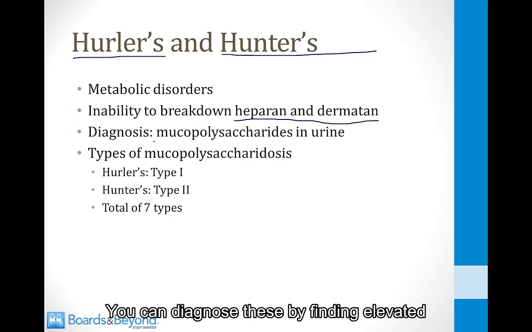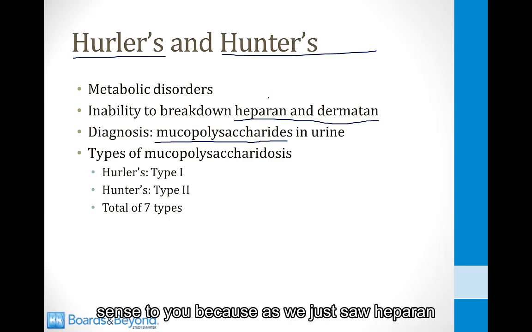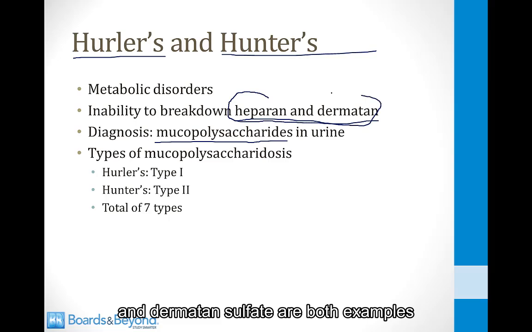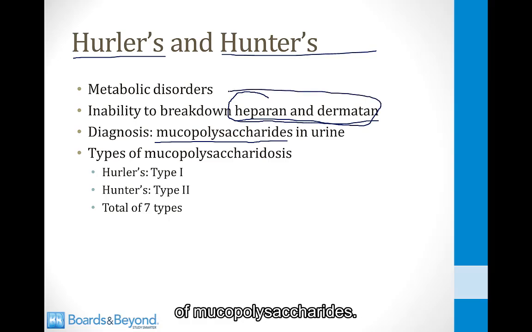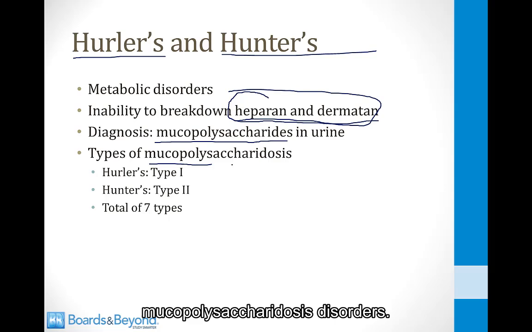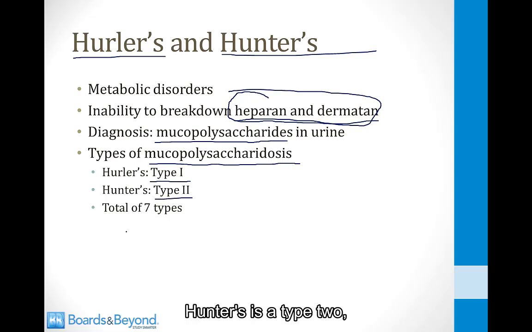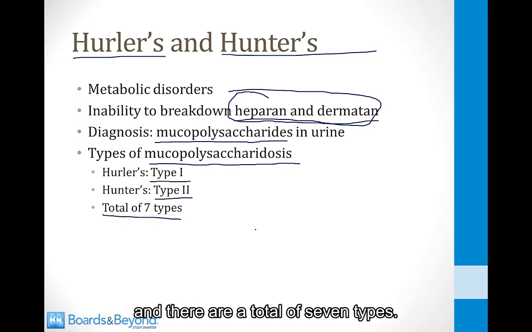You can diagnose these by finding elevated mucopolysaccharides in the urine, and that should make sense to you because, as we just saw, heparan and dermatan sulfate are both examples of mucopolysaccharides. And in fact, both of these disorders are part of a class of very rare disorders called mucopolysaccharidosis disorders. Hurler's is called a type 1 mucopolysaccharidosis, Hunter's is a type 2, and there are a total of 7 types.